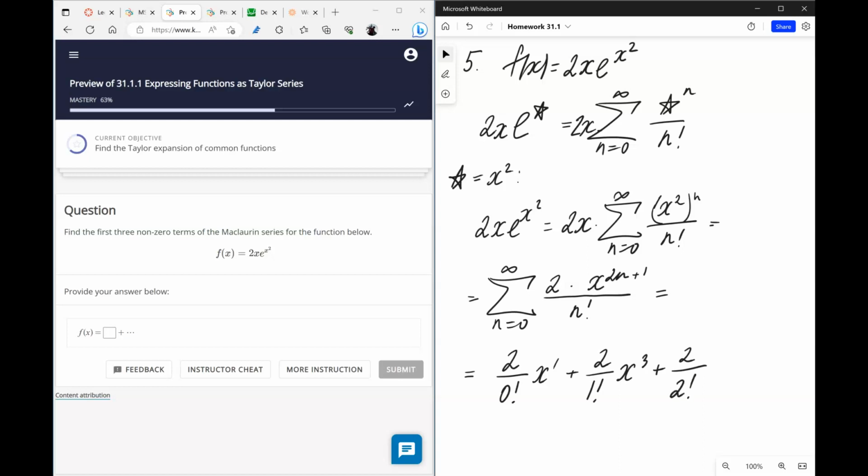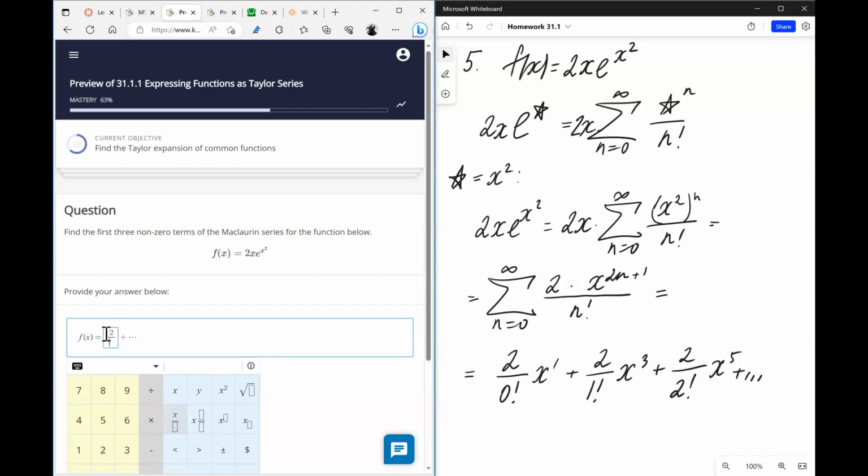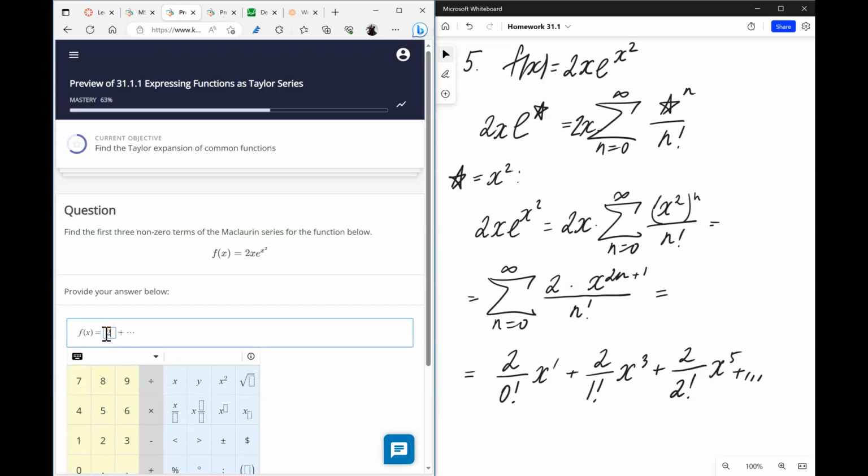Actually, it's pretty straightforward here. So we have 2 over 0 factorial, that's just 2, plus 2x cubed plus x to the power 5.